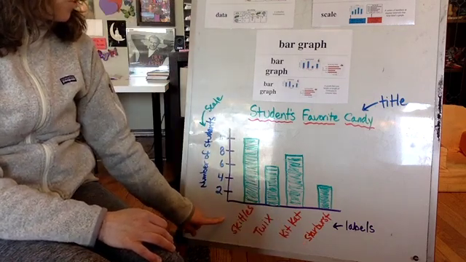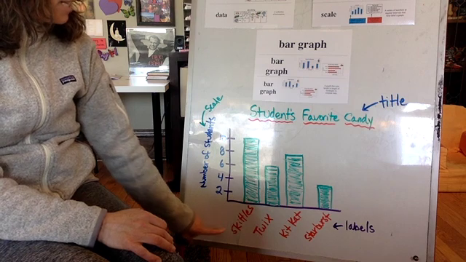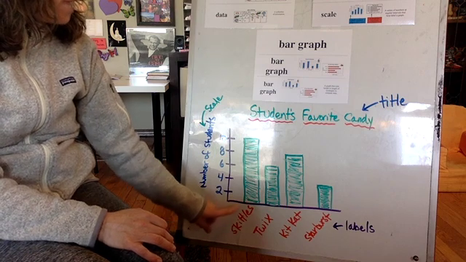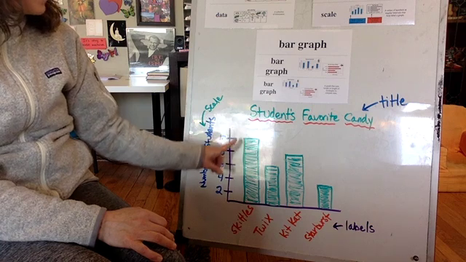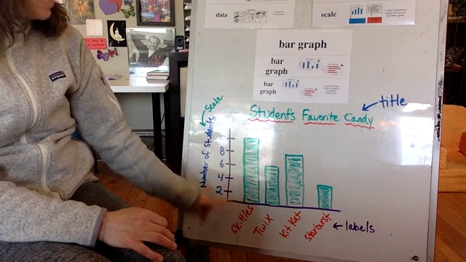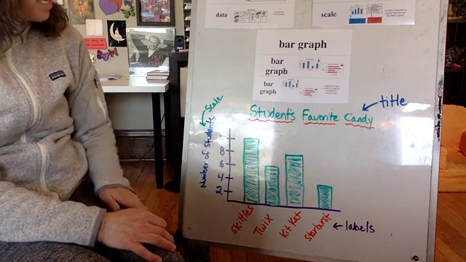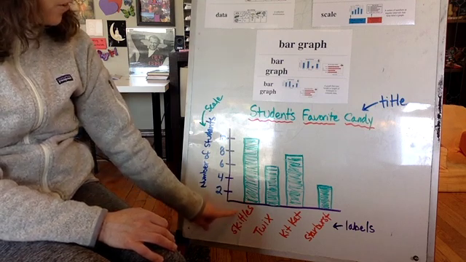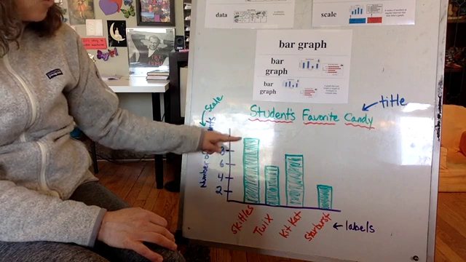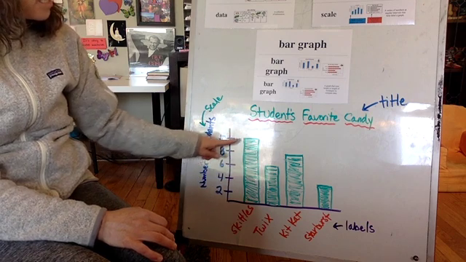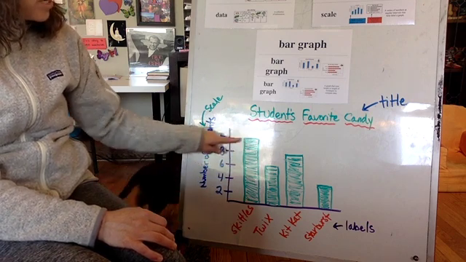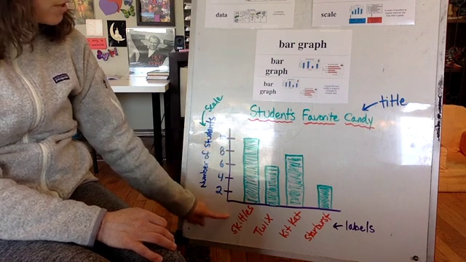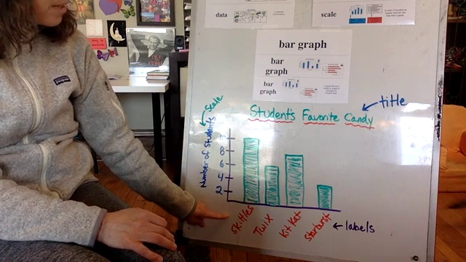In order to read the bar graph, I look at the kind of candy, and then I look up and to the side to find out how many students like that kind of candy. I can go to Skittles and read on up, and I can see the bar ends at the top right here. This means that 10 students liked Skittles the best.